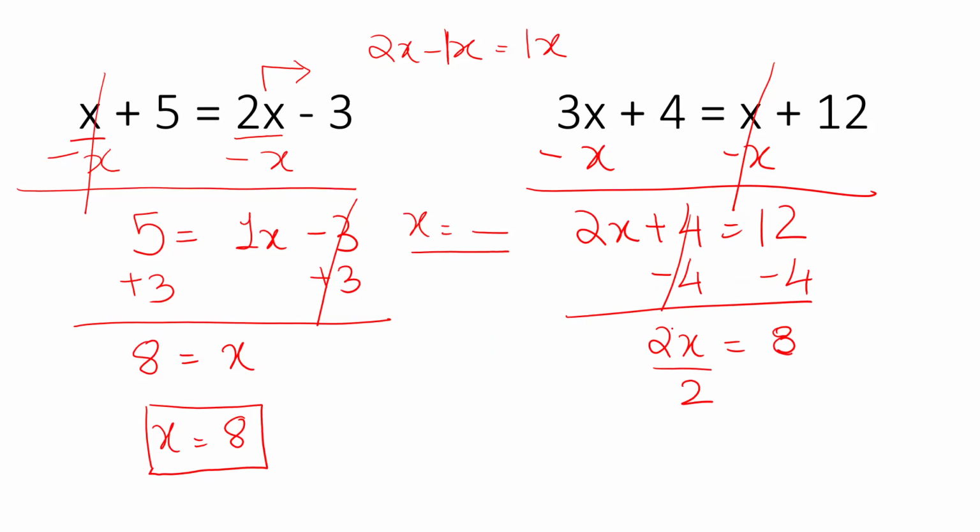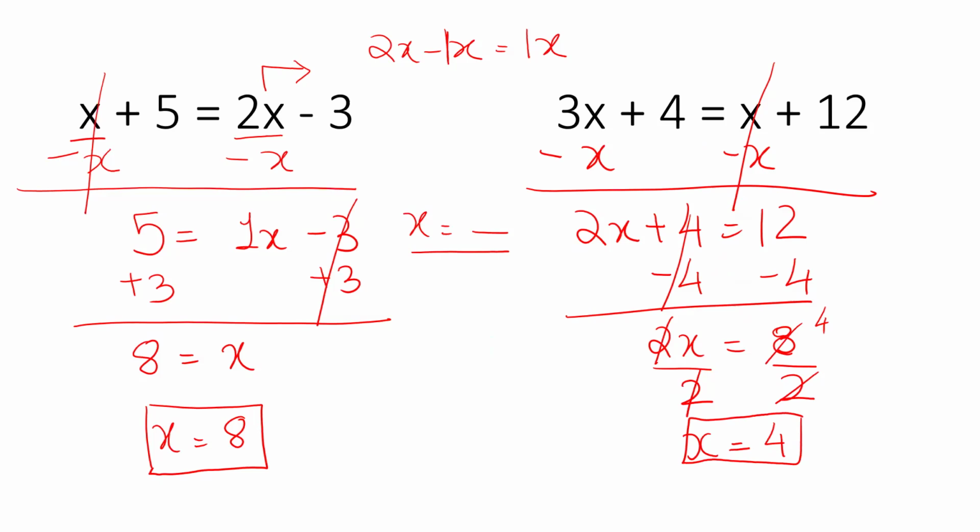The inverse of multiplication is division, and we are going to divide the right side by 2 as well. 2 divided by 2 cancels out because it's just 1. And we are left with x equals, how many times will 2 go into 8? 4. So x equals 4. You can see that now it becomes a multi-step problem.